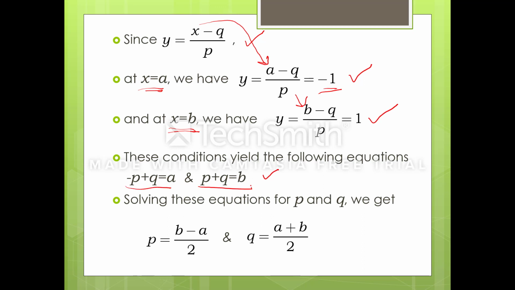All these expressions we will get from this. And again, solving these two equations for p and q, we can find p as (b minus a) by 2 and q as (a plus b) by 2.